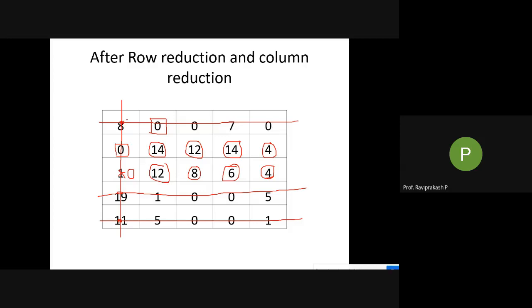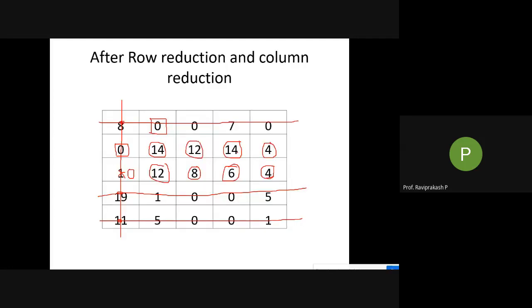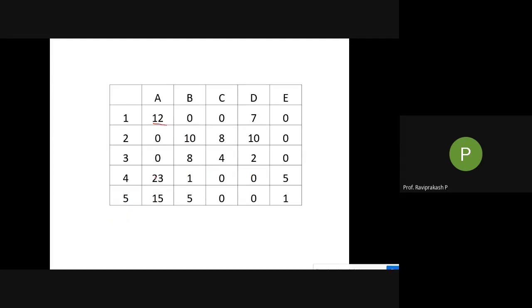So here we need to add. If you see here, I have made this particular matrix. 8 plus 4 is 12. These remain same. So this is 19 plus 4 is 23. 11 plus 4 is 15. So see here, 12, 23 and 15. I'm just marking those. And I'll go back.